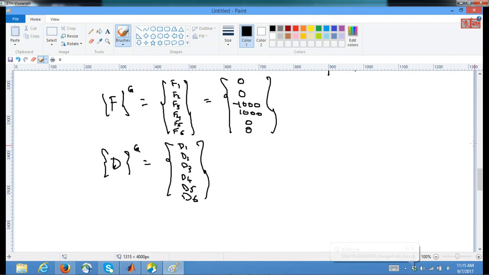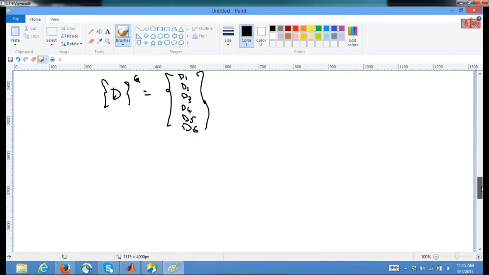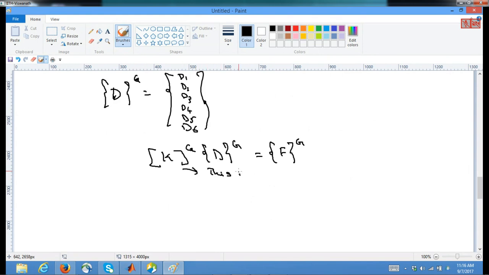Now it is true that when we assemble the things, the total Kg times d global equals f global. However, to determine all the unknowns here, you cannot invert this. This is singular or non-invertible.